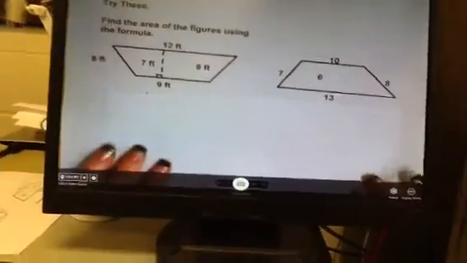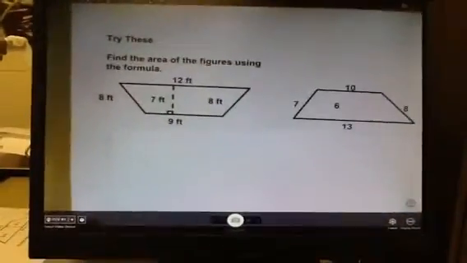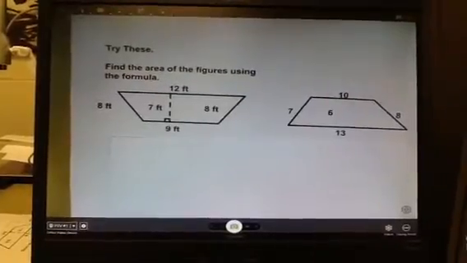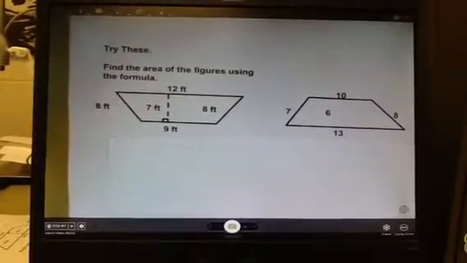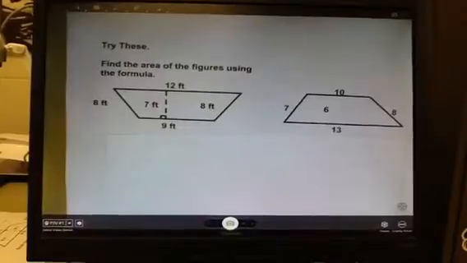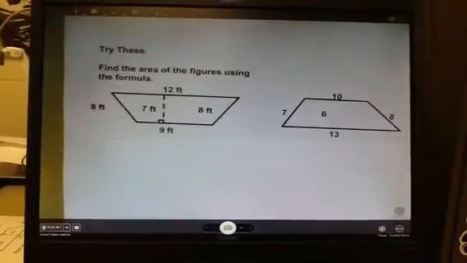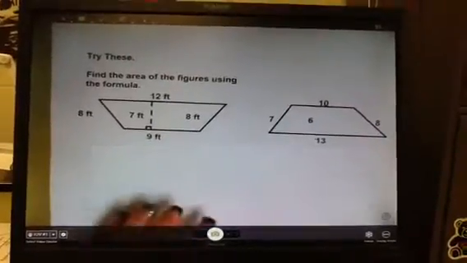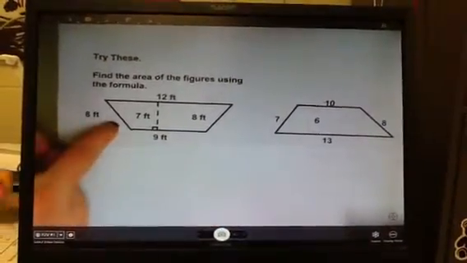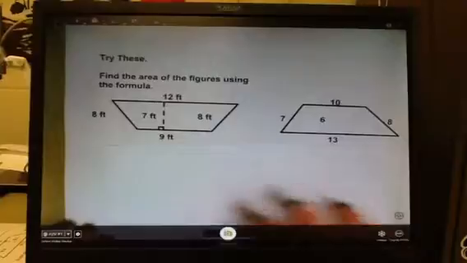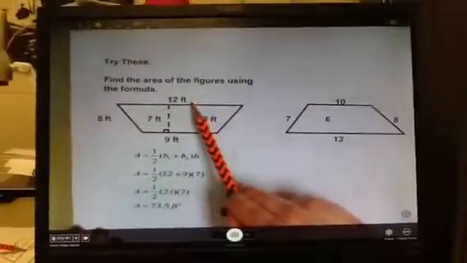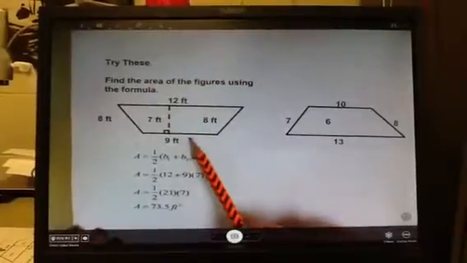Okay, here's some examples for you guys to work on. Again, I'm going to give you a couple of minutes to work on these two examples. Okay, after you've had some time to work on these examples using the formula, we're going to go over this first one here. So my first one is I have a base of 12 and a base of 9.